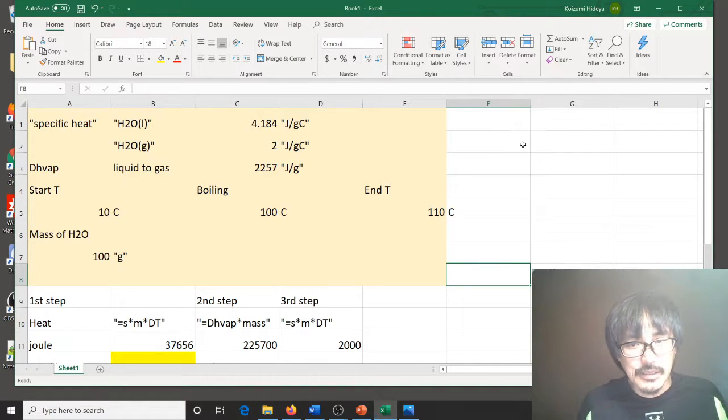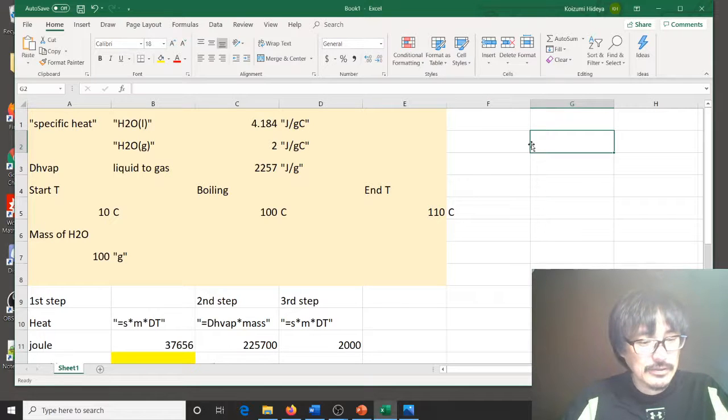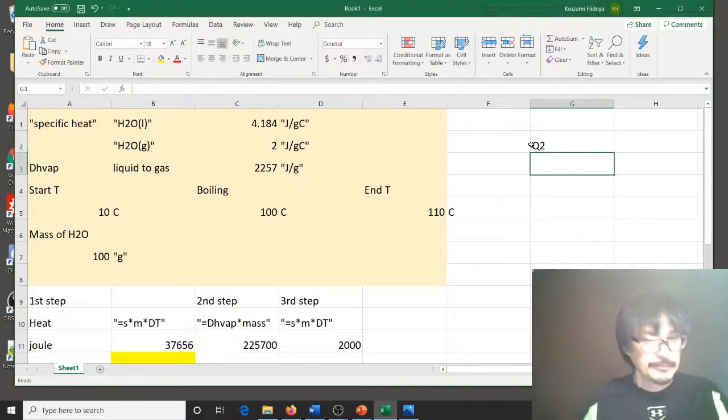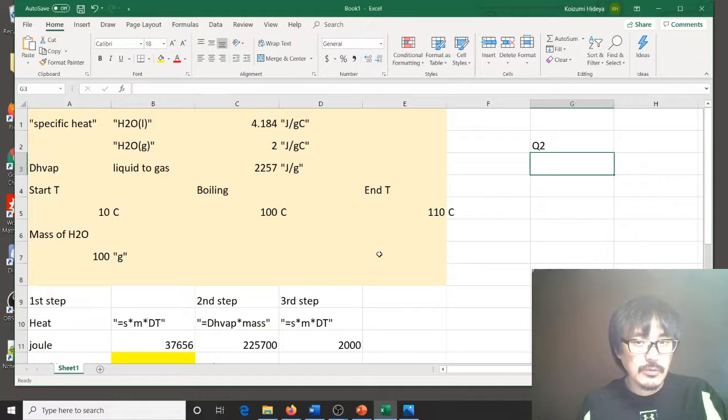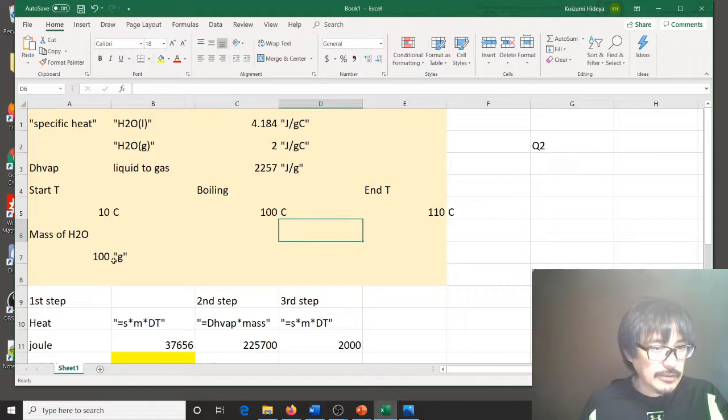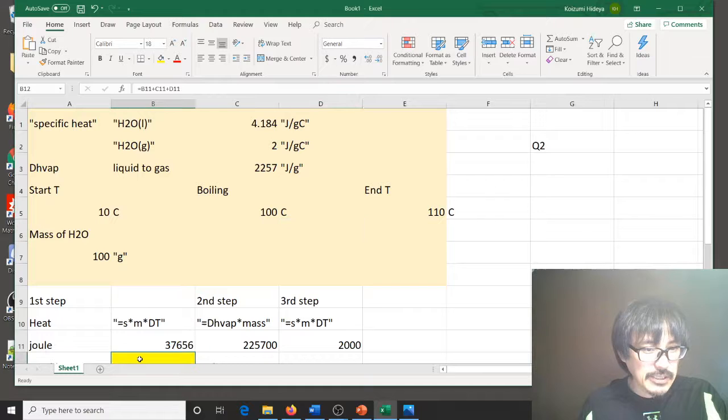So let me just try to write it somewhere around here. So for question number 2, you have 400 grams of water. I don't want to change this number because it's going to change this number too.